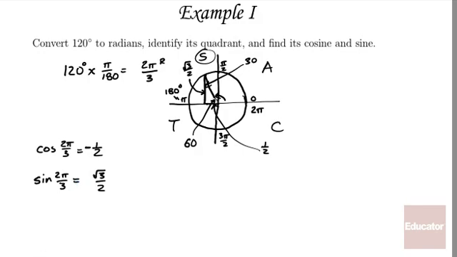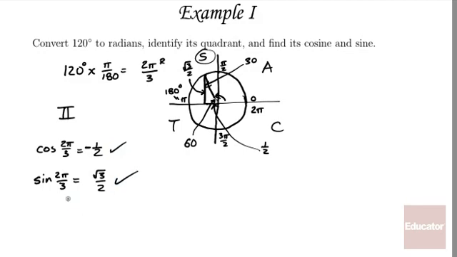If you didn't remember the all students take calculus thing, you can also just work it out once you know what quadrant it's in. It's in quadrant 2, and we know there that the x coordinates are negative and the y coordinates are positive, so the cosine must be negative and the sine must be positive.